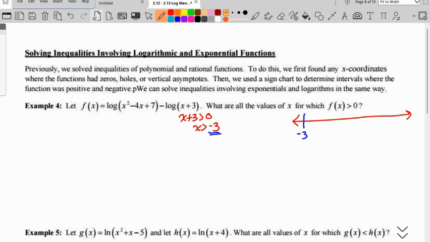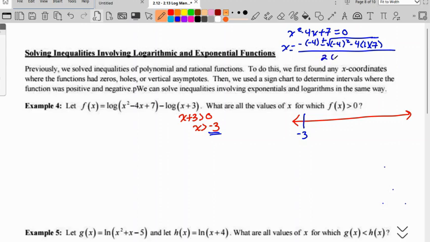Okay, now if we go look at the next one, if we set that x squared minus 4x plus 7 equal to 0 and solve for it, it doesn't factor, so we're going to have to use the quadratic formula. So x equals negative b plus or minus the square root of b squared minus 4ac, all over 2a. Not nearly as much fun when we're not singing.